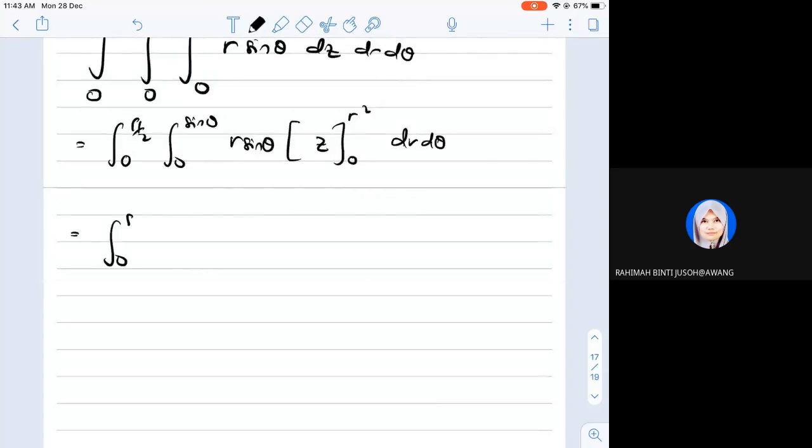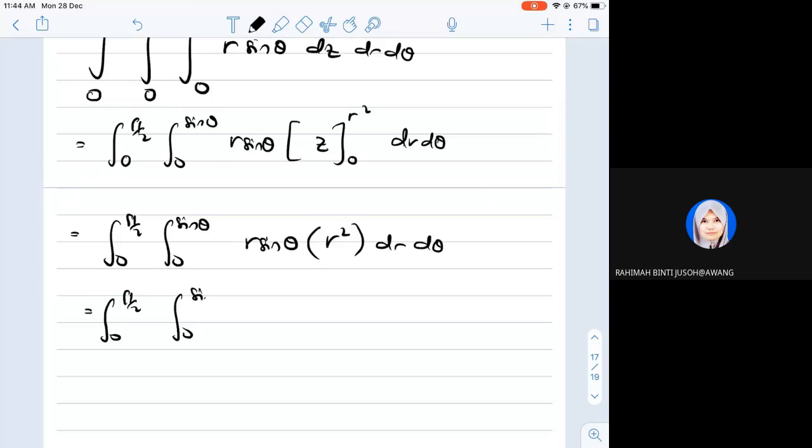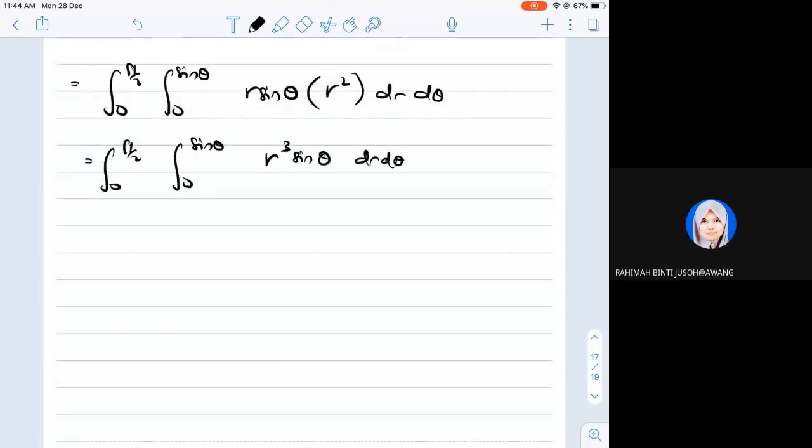So we will have 0 until pi over 2, 0 until sin theta, R sin theta multiplied by r squared dr d theta. So we can have r cubed. So integrate r cubed becomes r to the power of 4 over 4, isn't it? 0 until pi over 2, so r to the power of 4 over 4.